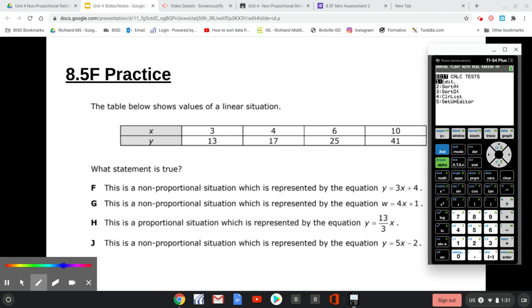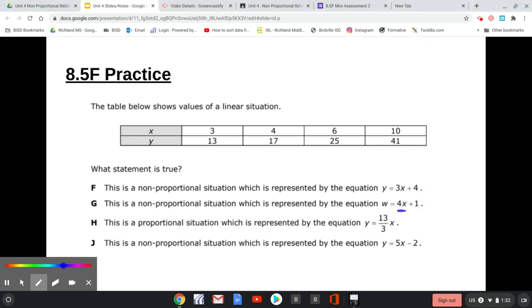I'm going to hit stat, tab 4, enter all the way. And I know my slope is 4, and my y-intercept is 1. So this is the only one it could be, 4 and 1. Your answer would be G.